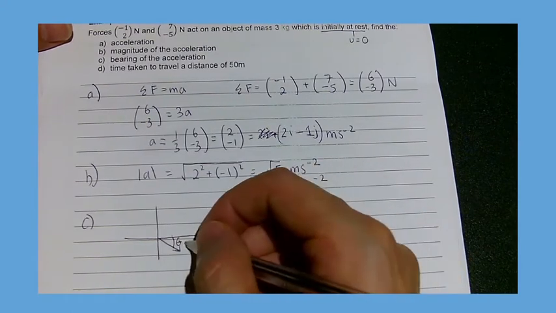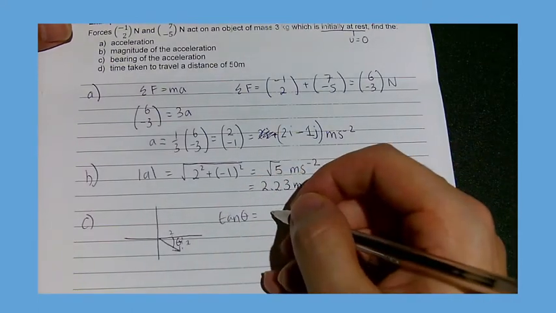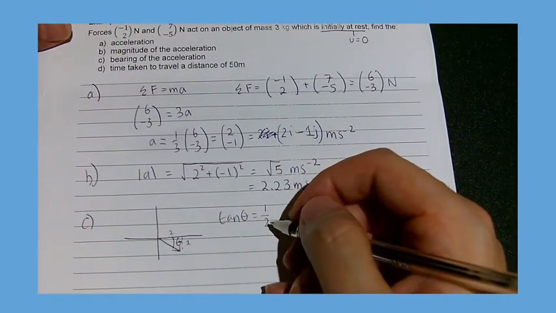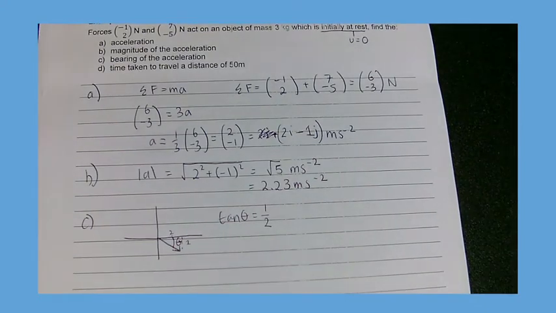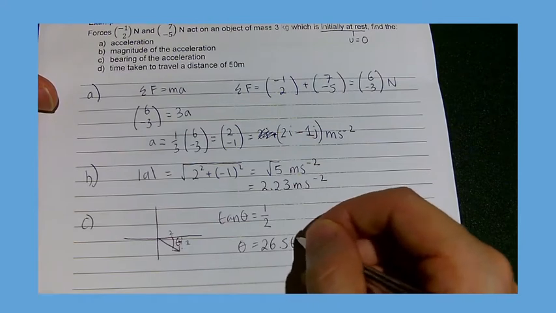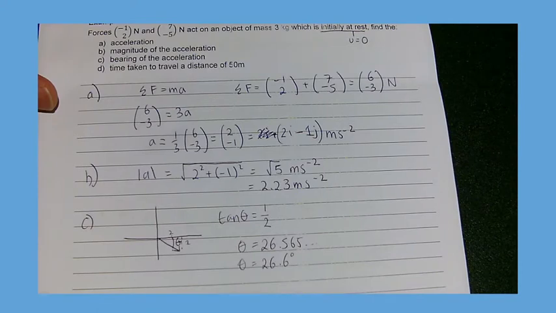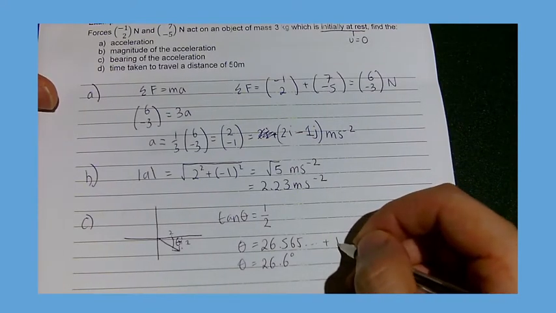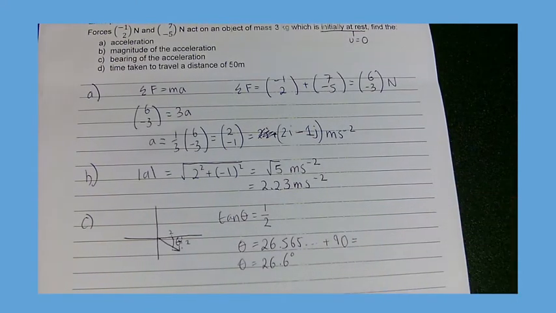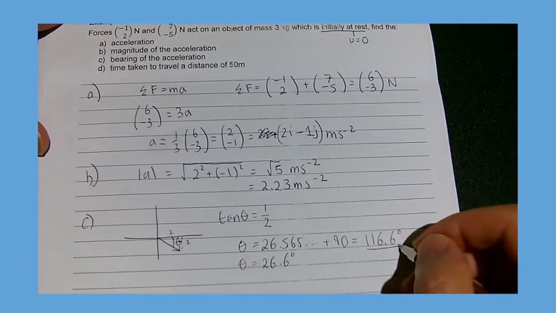So tan theta equals 1 over 2, opposite over adjacent, which gives 26.565 and so on. Okay, but remember we need to add 90 to this, and we'll get the overall bearing, which is 116.6 degrees.